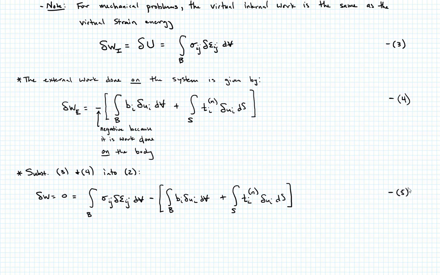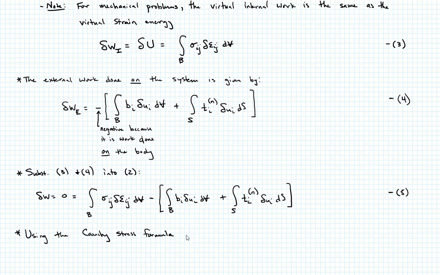Now, hopefully you are anticipating where we're going next. We'd like to put this all under a volume integral so we can combine all these integral terms. So the first thing we're going to need to do to make that happen, I'll just give you the strategy: we're going to use the Cauchy stress formula in that surface integral to write the traction as the stress dotted with the unit normal. And then we're going to be able to invoke the divergence theorem.